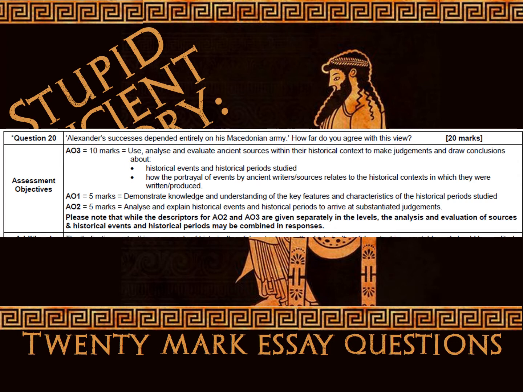But the key thing is to point out that whilst this may seem like a straightforward essay, there's a massive but. If you look at the mark allocations, half of the marks are attributed to AO3, the use and analysis of ancient source material.